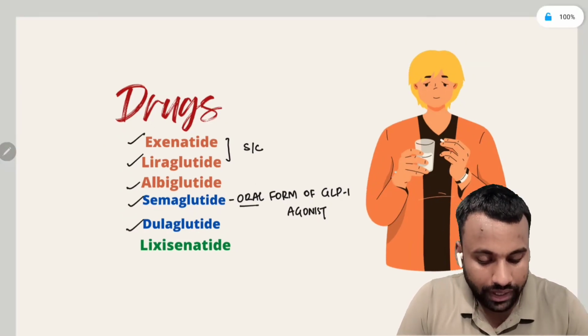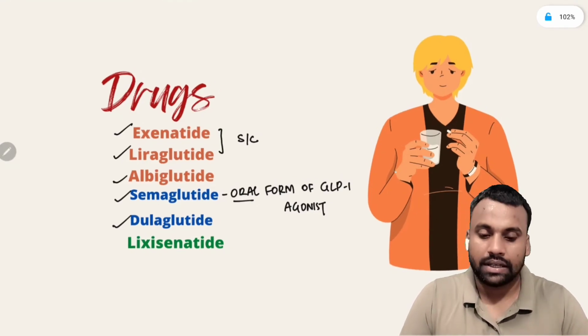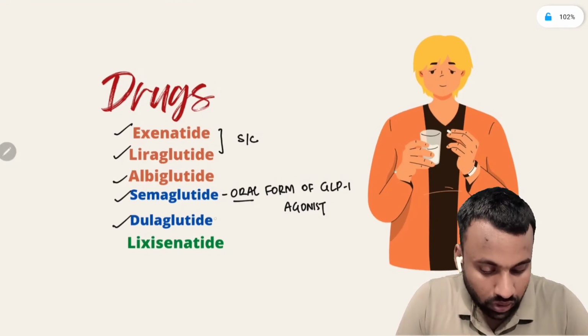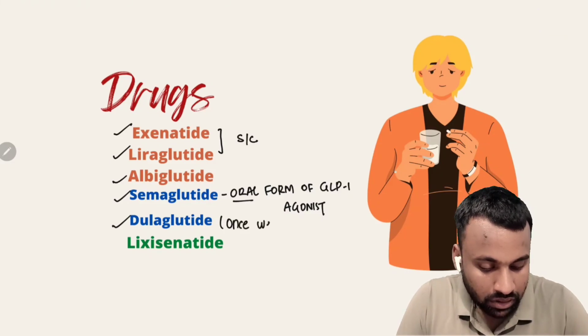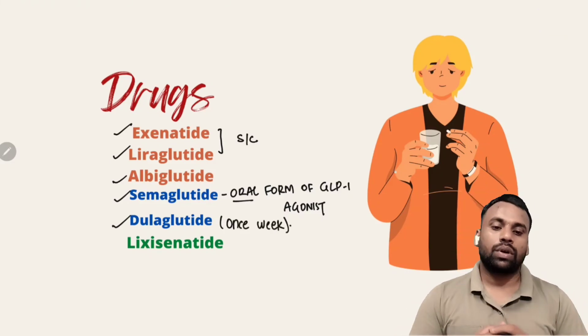Dulaglutide is long acting, and the longest acting is lexenatide, and dulaglutide we can give once a week.